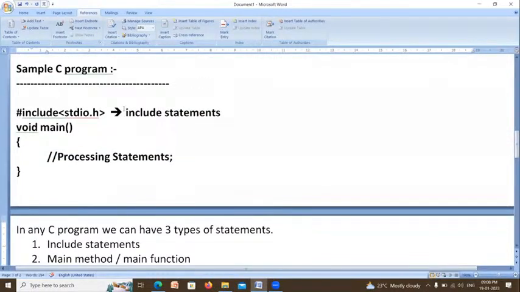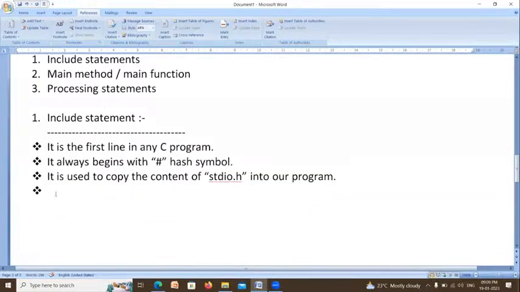It is also called by one more name: preprocessor directive. It is also called a preprocessor directive.